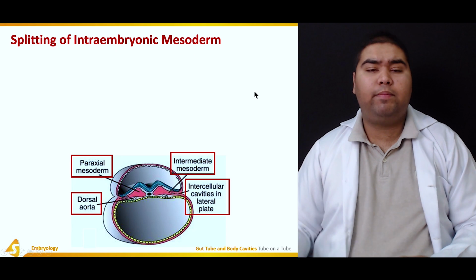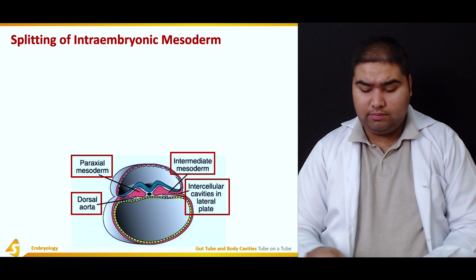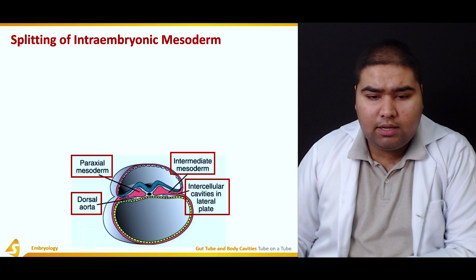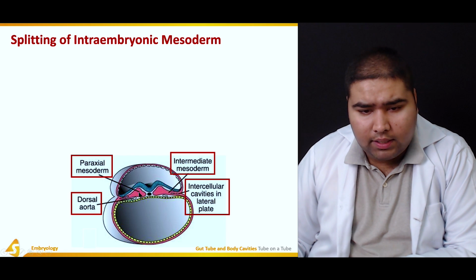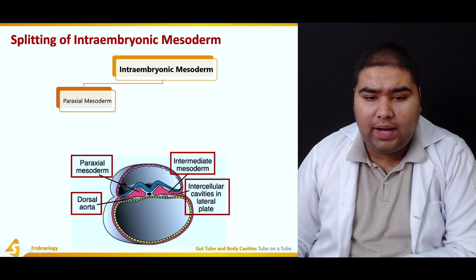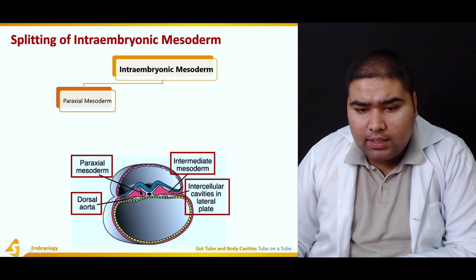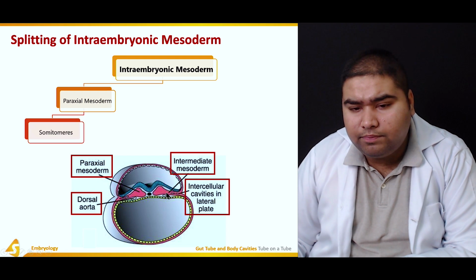Now let's talk about the splitting of the intraembryonic mesoderm. So intraembryonic mesoderm here, this is the mesodermal layer in red. It splits into paraxial mesoderm. This is the paraxial mesoderm. Then we have the intermediate mesoderm.